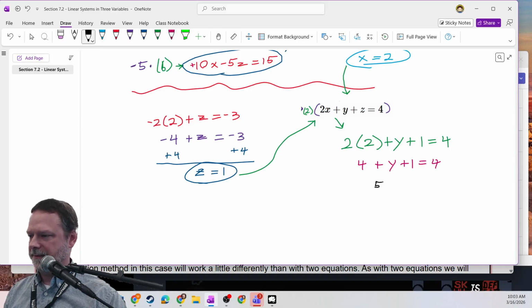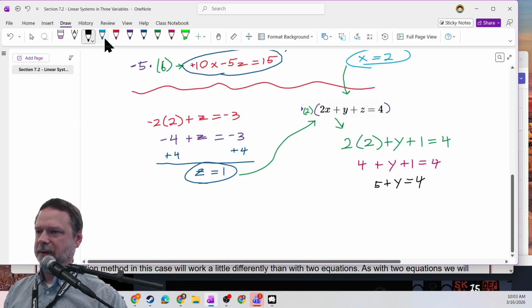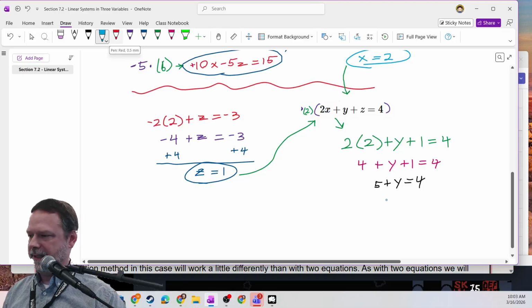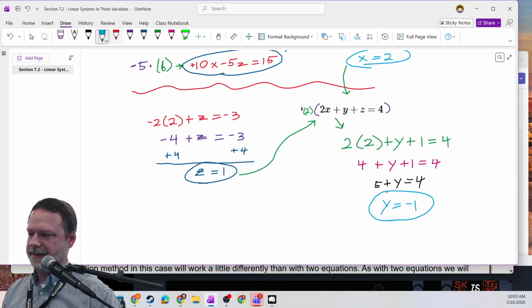So I really have 5 plus y equals 4. So what does y need to be? Absolutely needs to be negative 1. 5 plus negative 1 is 4. I got my solution. My solution is x is 2, y is negative 1, z is 1.